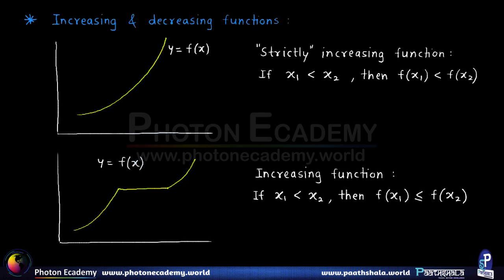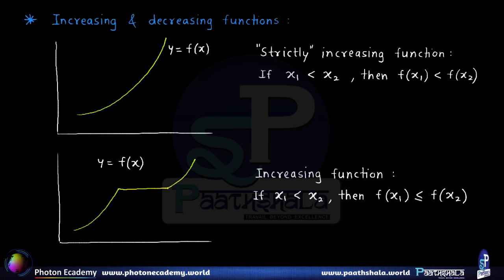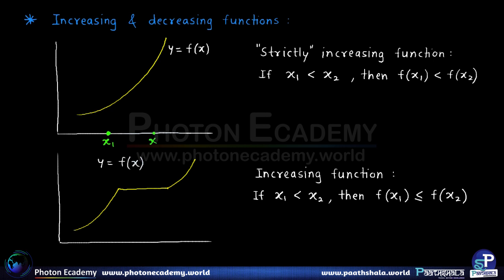So by strictly increasing function we mean if x1 is less than x2, then f of x1 must be less than f of x2. So what it means is, say x1 is one particular value which is less than some other value, say x2.